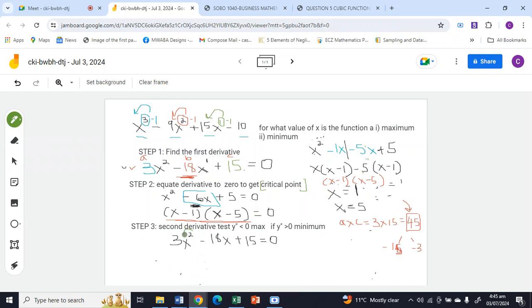You multiply by the exponent. We start with 3x squared here. Our exponent is 2, so you say 2 times 3, you get 6. Then you always subtract 1 from the exponent. 2 minus 1 is 1, so we remain with x to the power 1.